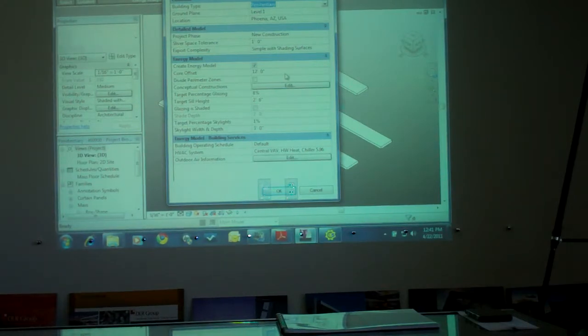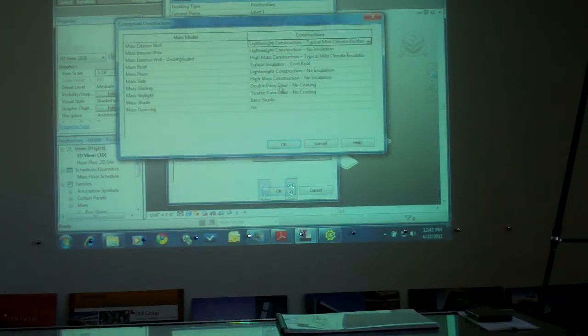And this is Autodesk Vasari. This is no longer available, but this analysis part is inside of Revit Architecture that we already have. So we can all use this as of today. And as far as the construction goes, it has some basic construction types.